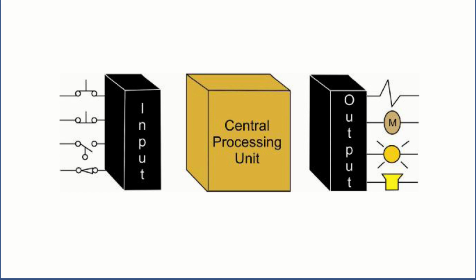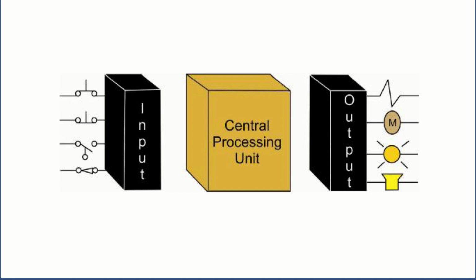You can see in this particular figure that there is the input side and there is the output side. You have a central processing unit, and this input, central processing unit, and the output make the entire PLC. As I have already told you, you can connect a plethora of input devices and a wide spectrum of output devices to the PLC, and most importantly, you need to know the process parameters very well, and the output of the sensor that you are using to measure that process parameter very well.